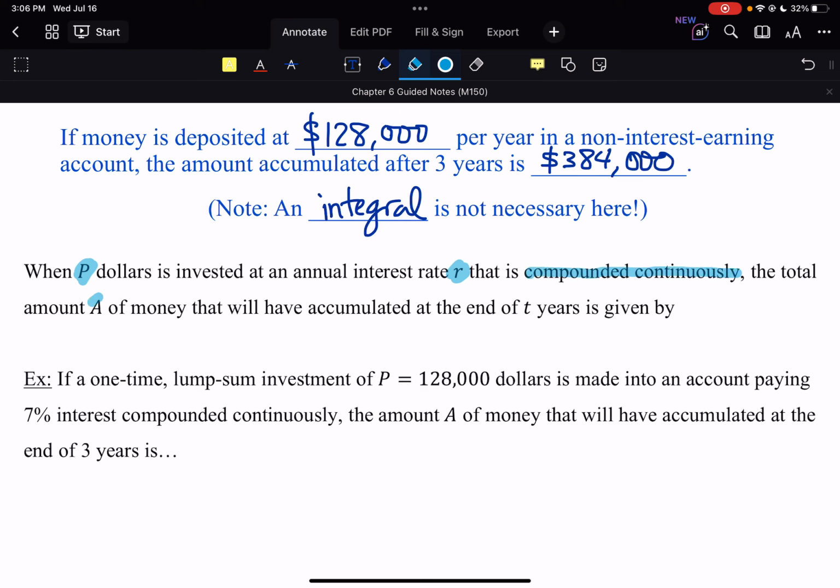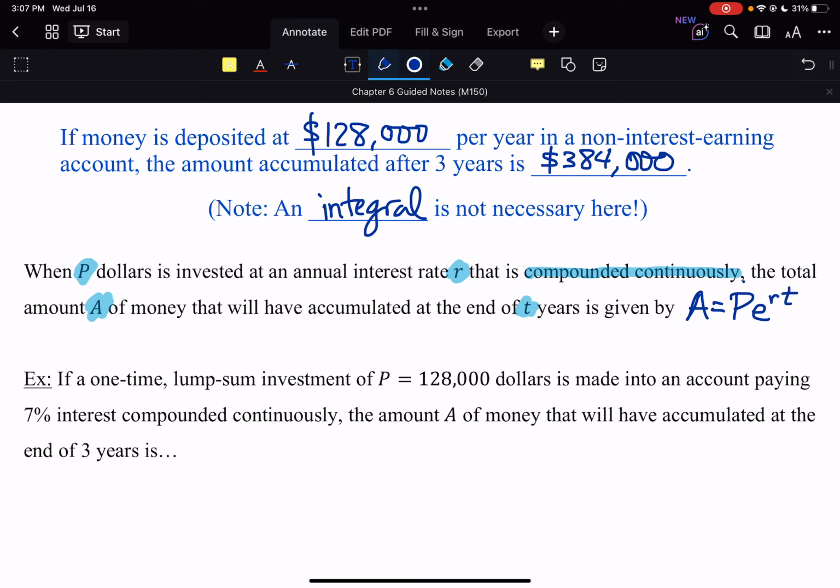And we're looking for the total amount of money at the end of T years. This is a formula that you probably have seen at some point. It's A equals P times e to the RT. This is often what we call the PERT formula for continuously compounding interest.